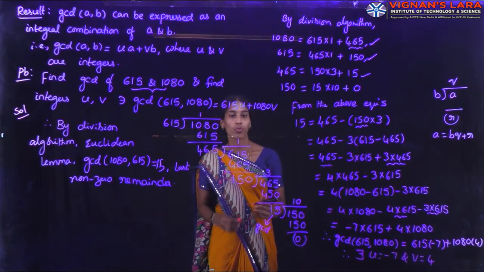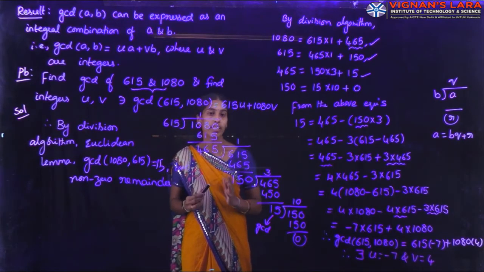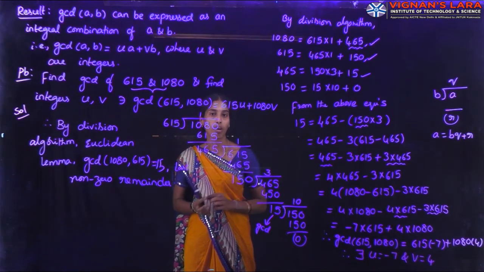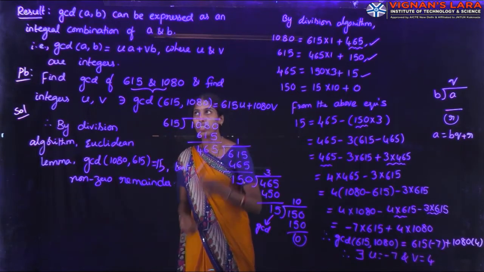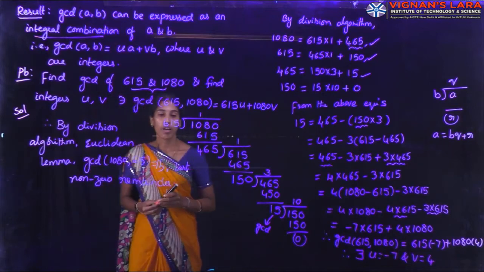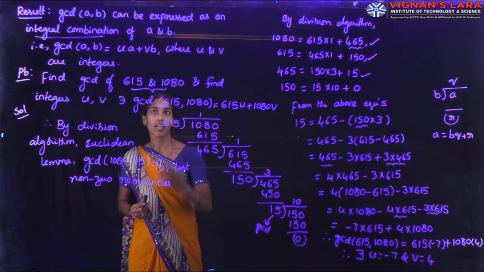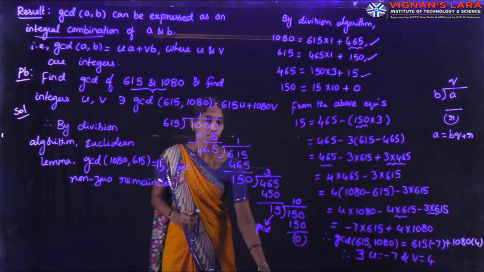We found those two integers. This is the way of expressing the GCD as a linear combination of A and B. Any two integers' GCD can be expressed like this.